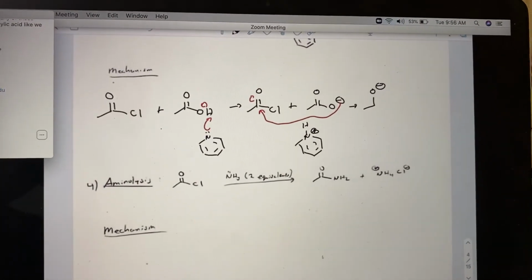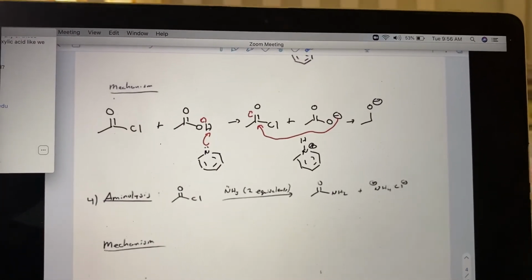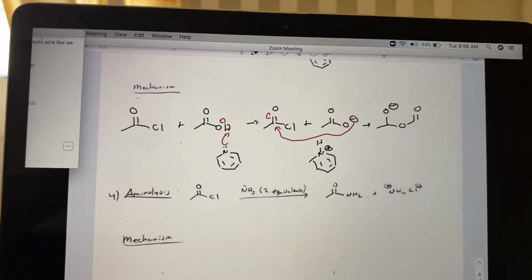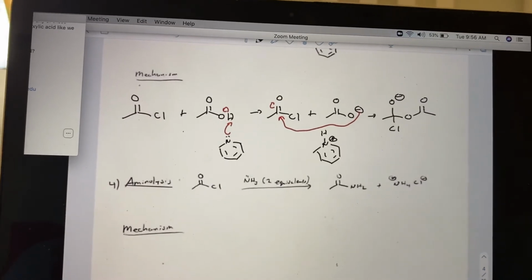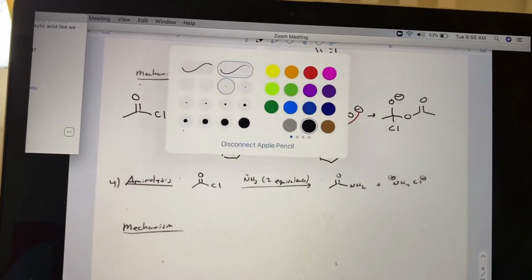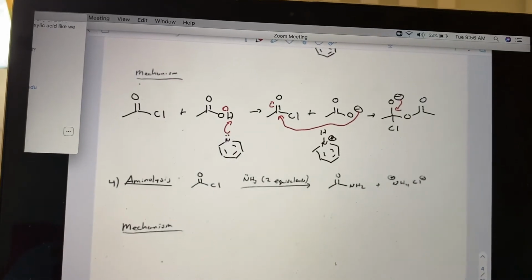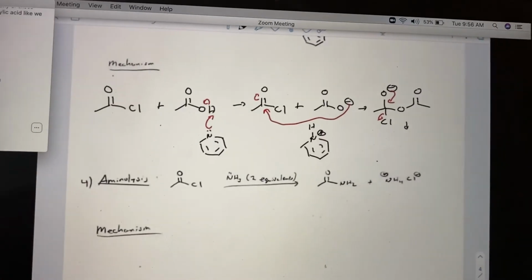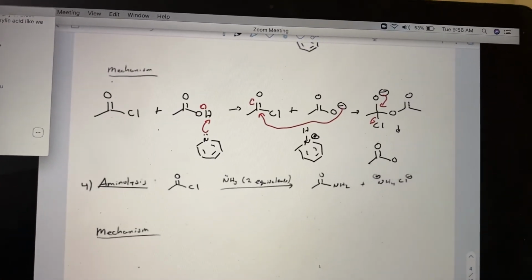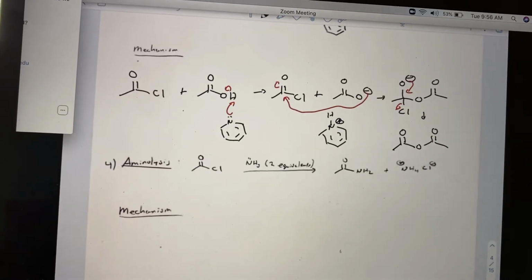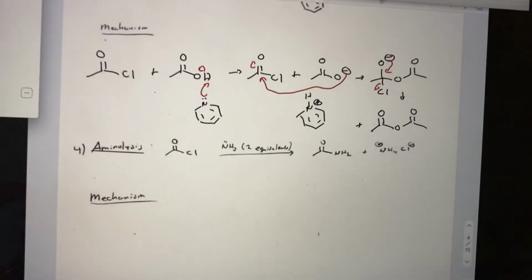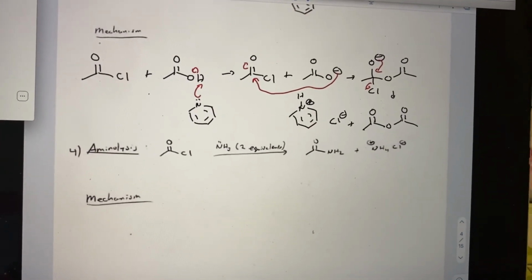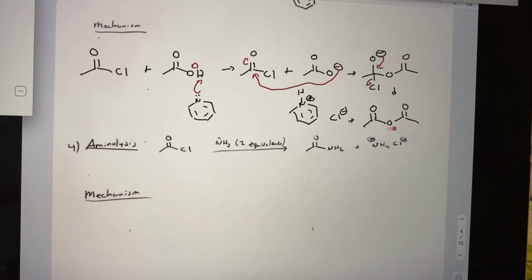What I'm going to do is flip this around so it looks more like our anhydride. Like this, plus our good leaving group, chloride. So now all we have to do is kick out chloride, reforming our carbonyl group. We'll draw it down here. There's our anhydride plus chloride. And that's going to coordinate with the pyridinium species. So here we formed our anhydride.